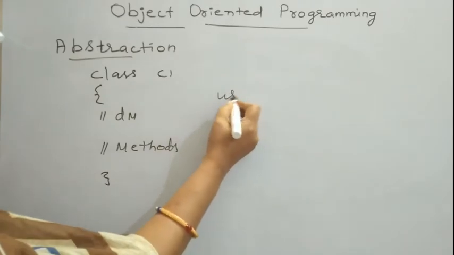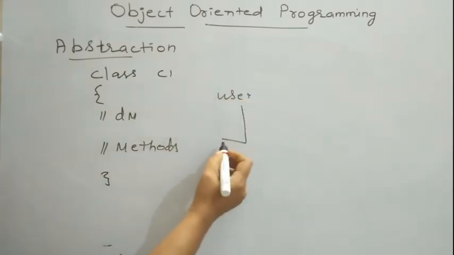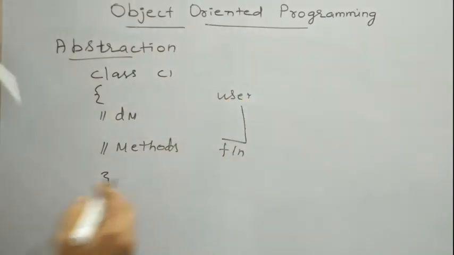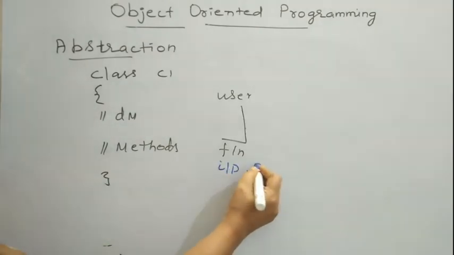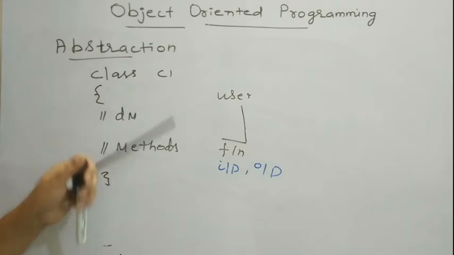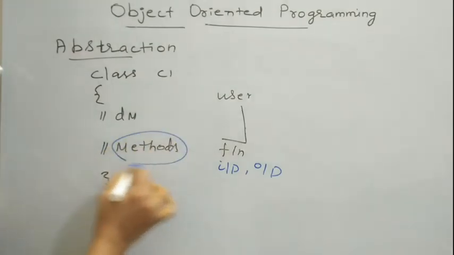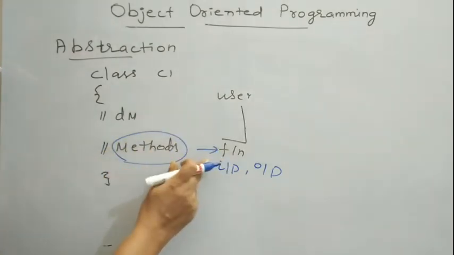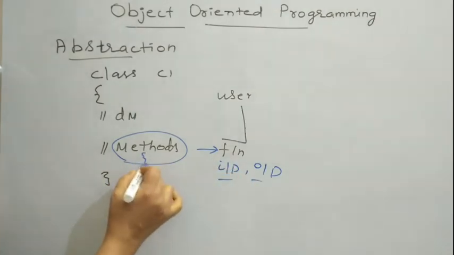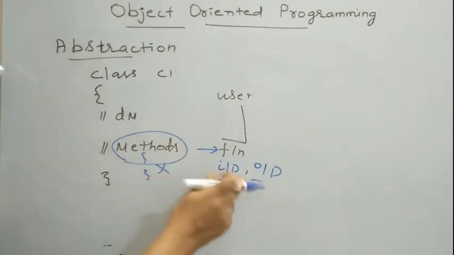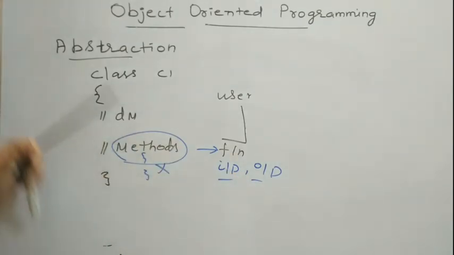The user knows only the functionality of the method, the inputs given to the method, and the expected output. The implementation details of the methods are completely hidden from the user. In this way, abstraction is implemented in object-oriented programming.